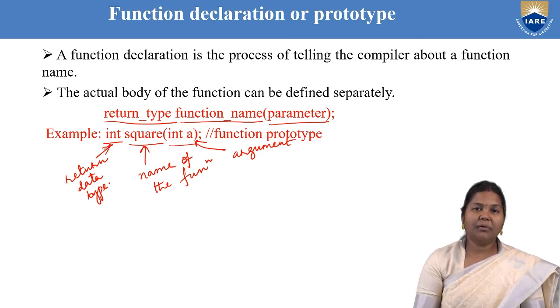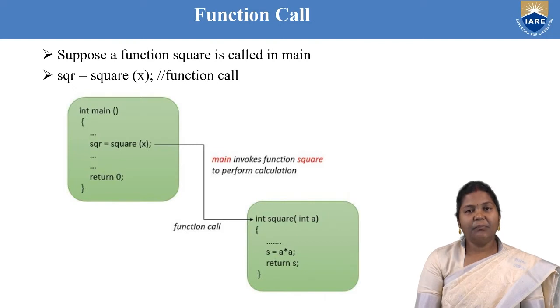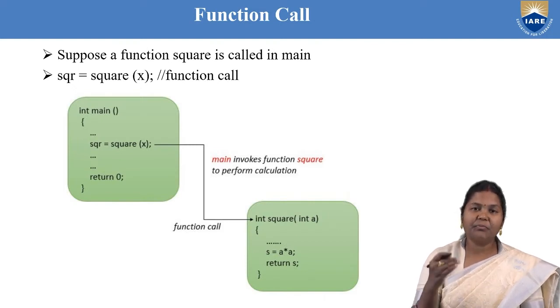Whenever you write your user-defined function definition above the main function, then the function prototype is not needed. But when the function definition is below the main function, then the function prototype is required. The function prototype you can write inside the main function just before calling the function, or you can write it globally outside the function.